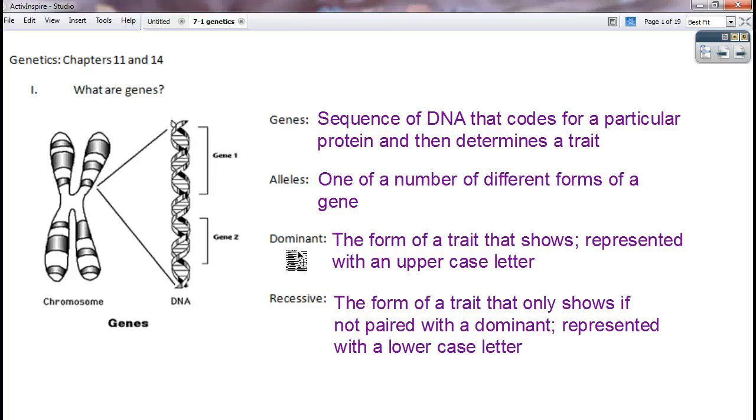So it all depends. I get 2 alleles for every protein, 1 from mom, 1 from dad. If they're dominant and dominant, I will show the dominant trait. If they're dominant and recessive, I'll still show the dominant trait. But if it's recessive and recessive, then I'll show the recessive trait. And we'll get into some common things that we have that are dominant and recessive.